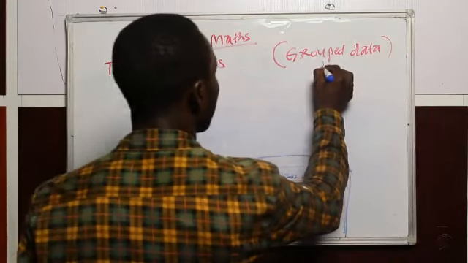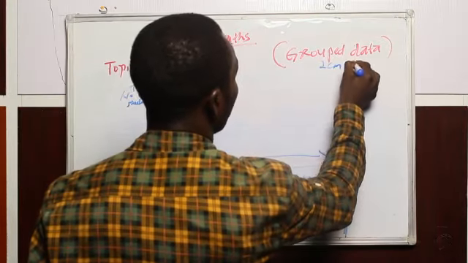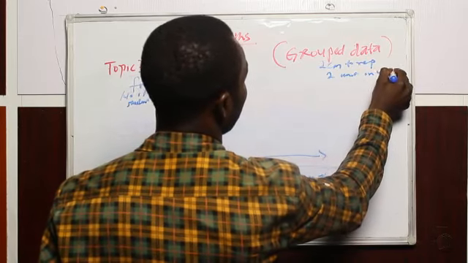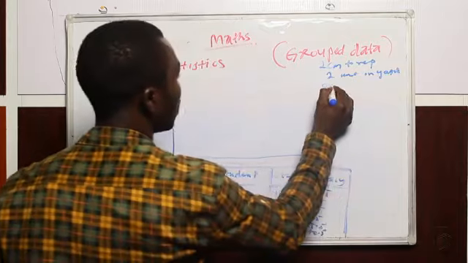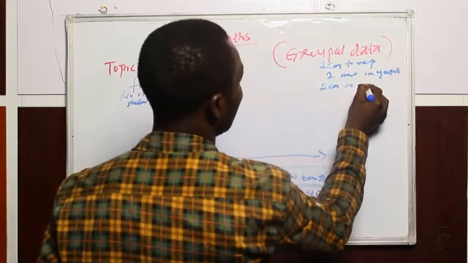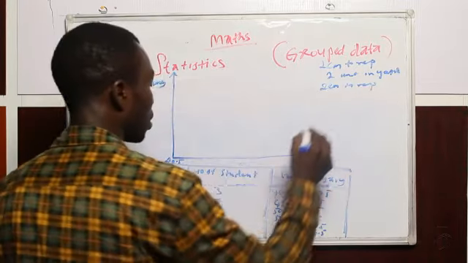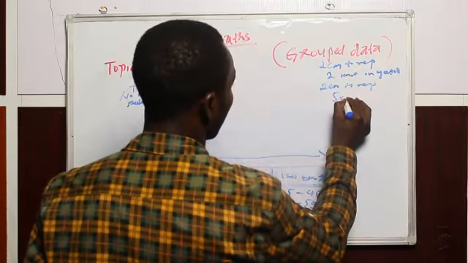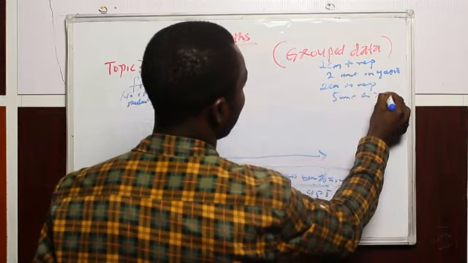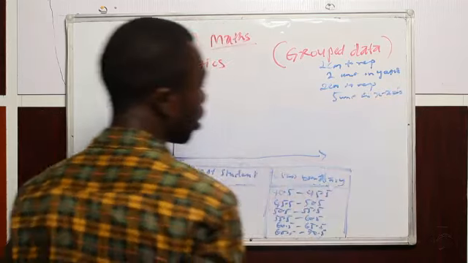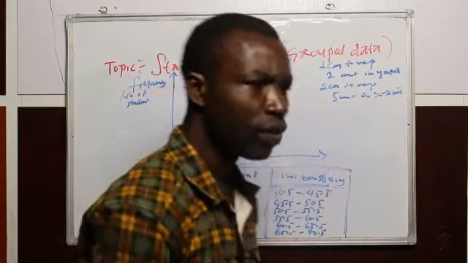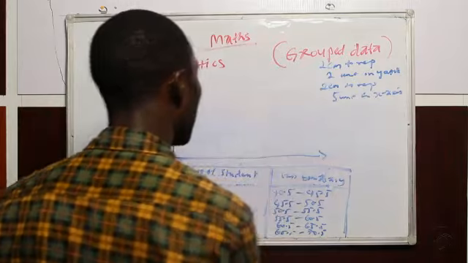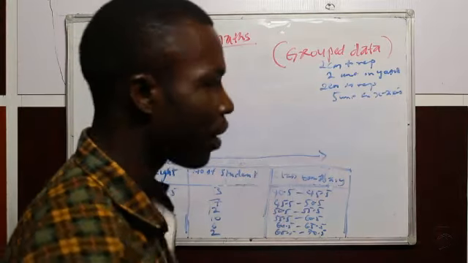So we can say 2 centimeters to represent 2 units on the y-axis, and 2 centimeters to represent 5 units on the x-axis, because 45.5 minus 40.5 will give us 5. So each rectangular bar represents 5 units.